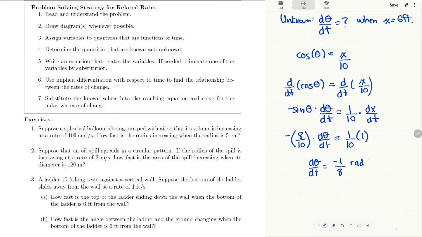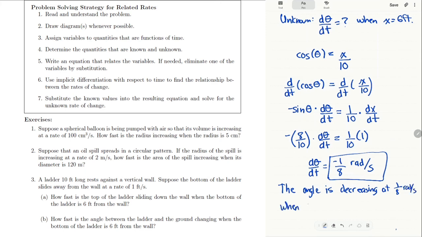So the units for d theta over dt is in radians per second. So the angle is decreasing at 1 over 8 radians per second when the bottom of the ladder is 6 feet from the wall.